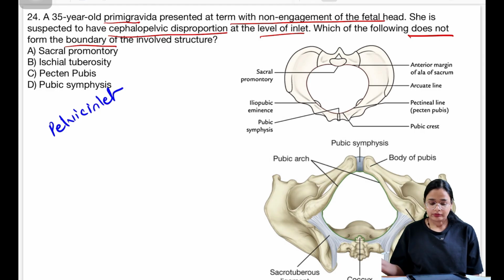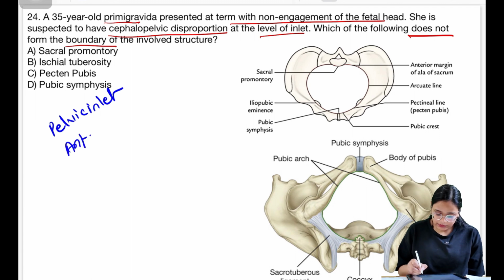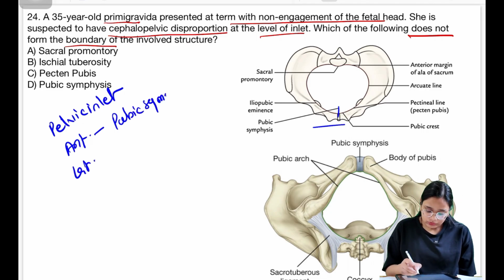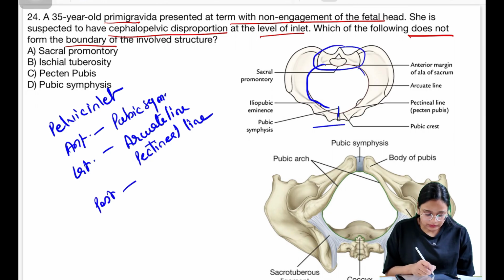The anterior boundary of the pelvic inlet, this is the pelvic inlet, here you can see this is the pubic symphysis. Laterally, this is the arcuate line and pectineal line, or I can say pecten pubis, forming the lateral boundary. Posteriorly you can see this is the sacrum, so the sacral promontory is forming the boundary.